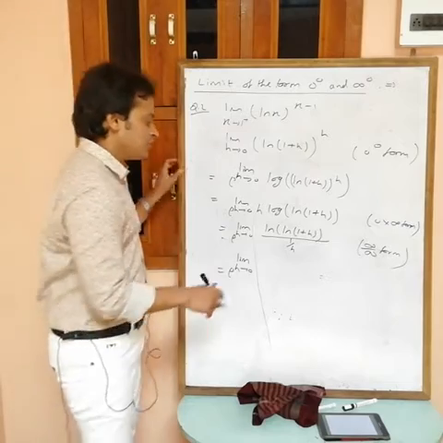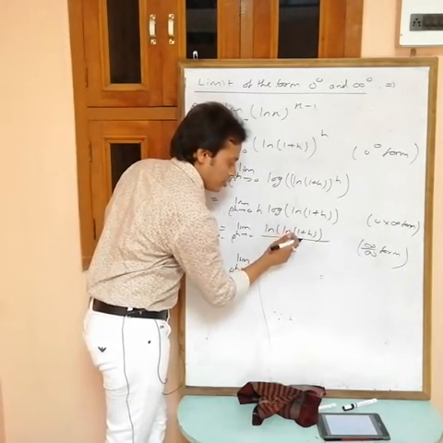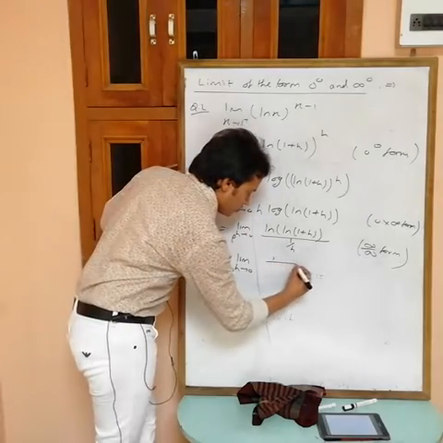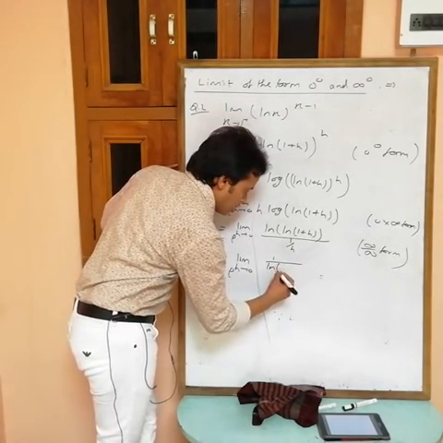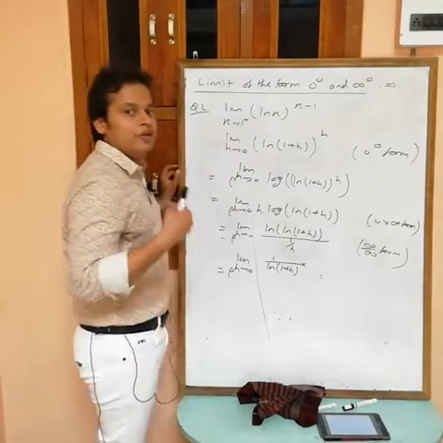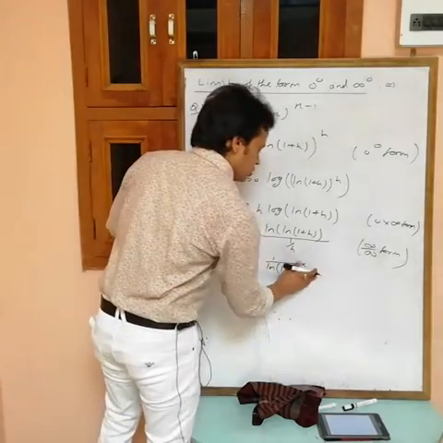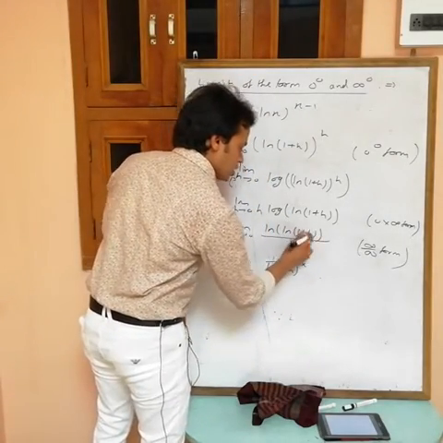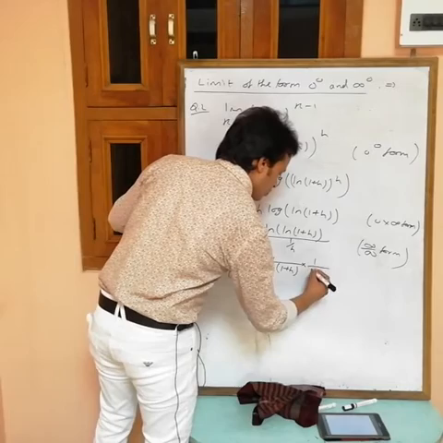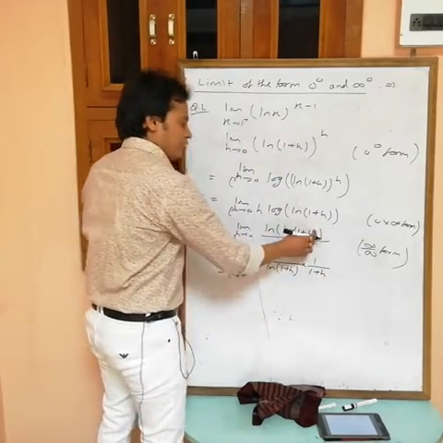Okay, so first I am assuming this one as h, then this is ln h, derivative of ln h is 1 by h, where h is ln of 1 plus h. Again derivative of ln 1 plus h, assuming this one as h, ln h, derivative is 1 by h. Again differentiation of this one is 1.